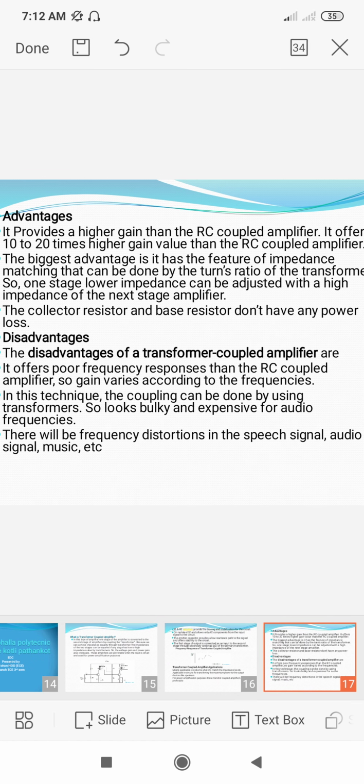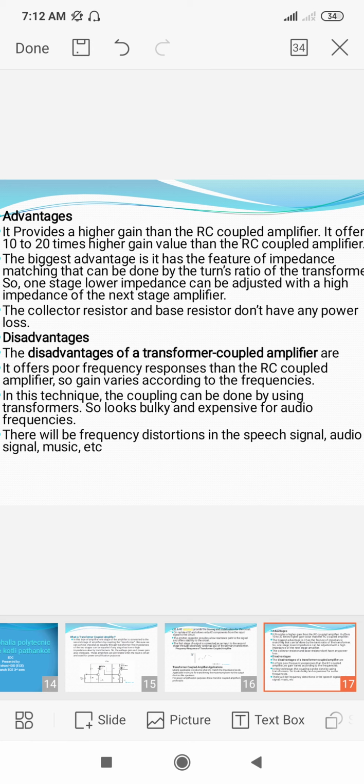Next, advantages of the transformer coupled amplifier. It provides a higher gain than the RC coupled amplifier. It offers 10 to 20 times higher gain than the RC coupled amplifiers. The biggest advantage is impedance matching, which can be done by the turn ratio of the transformer.